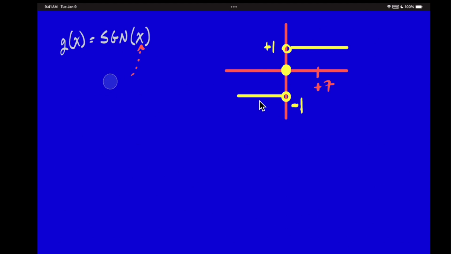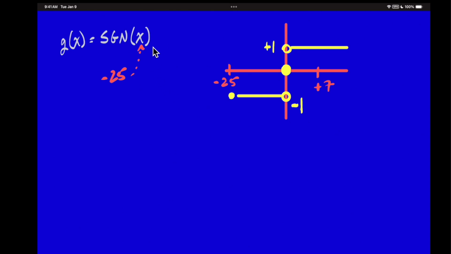On the flip side, if you put a negative value in here, negative 25, if there's a negative value inside those parentheses, the result, the y value, the output is going to be negative 1. So here we have an x input of negative 25, and the y output is negative 1.